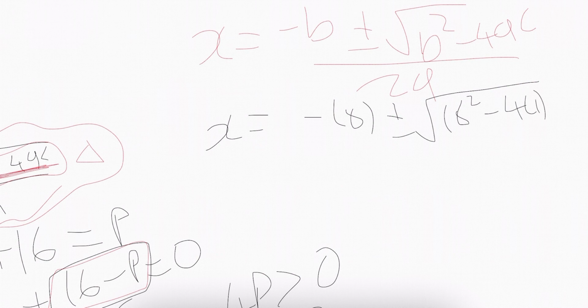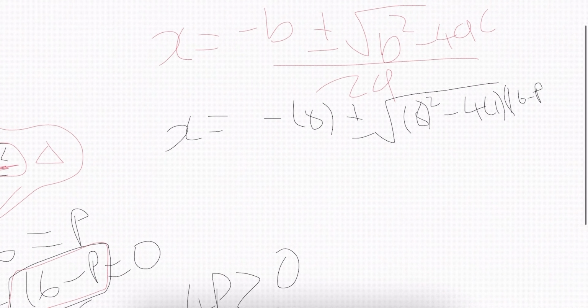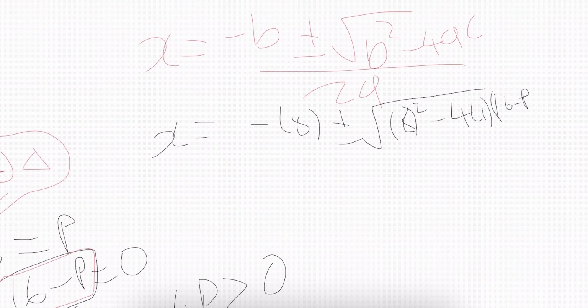It was 16 minus p. Sorry, minus p, apologies. 16 minus p, all over 2a.